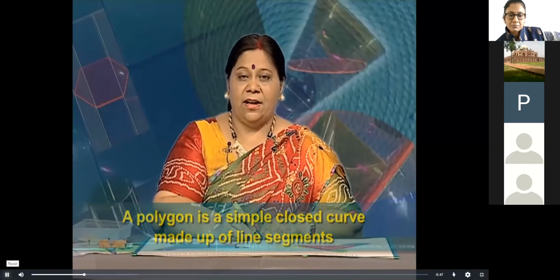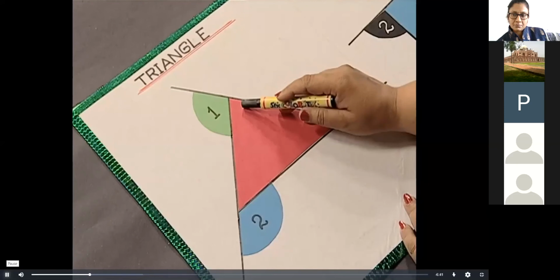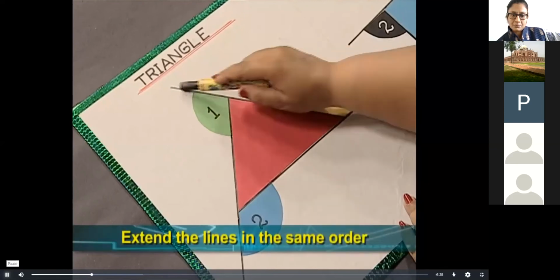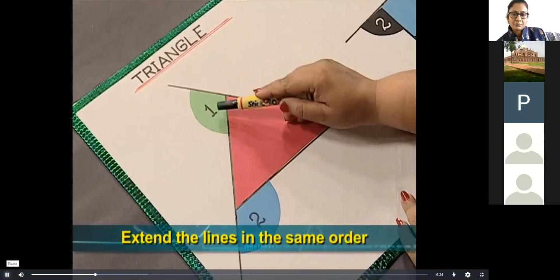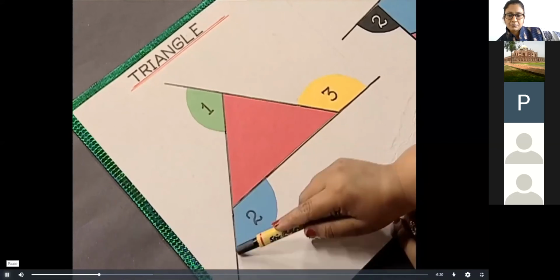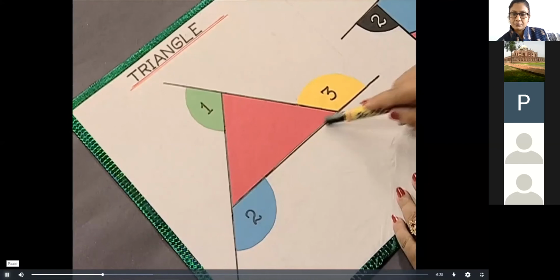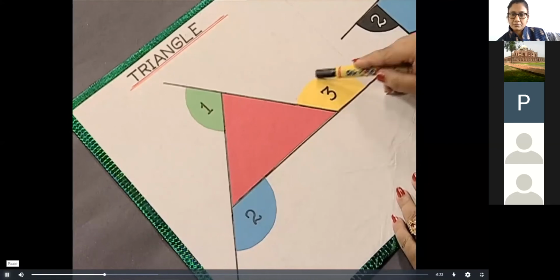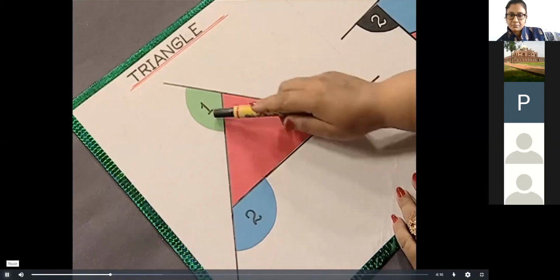Here, we consider a three-sided figure, that is a triangle. In this triangle, we extend the sides of the triangle to obtain exterior angles, namely angle 1, and similarly we extend the second side to obtain exterior angle 2, and third side is again extended here to form exterior angle 3. After this, we prepare replicas of these exterior angles.